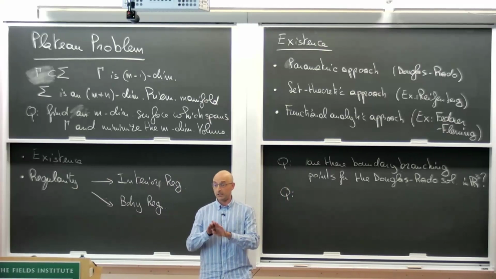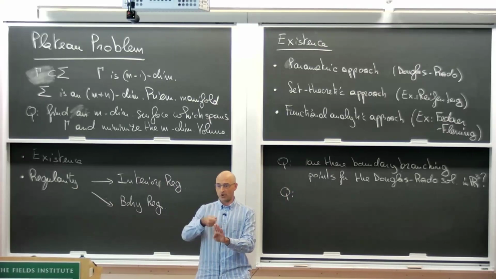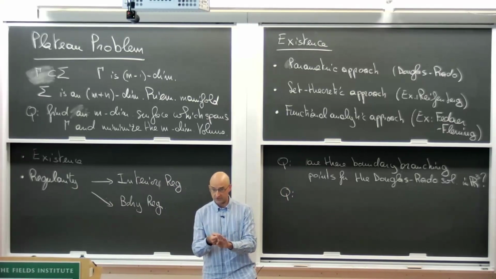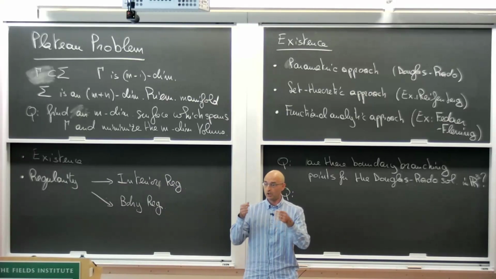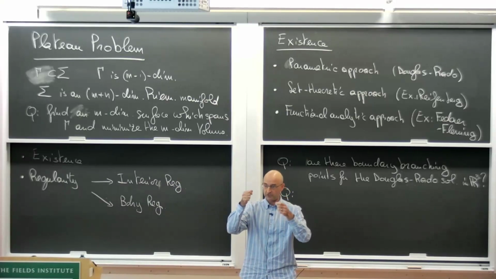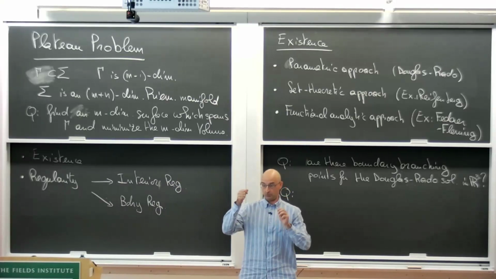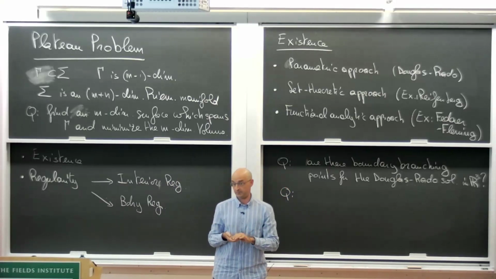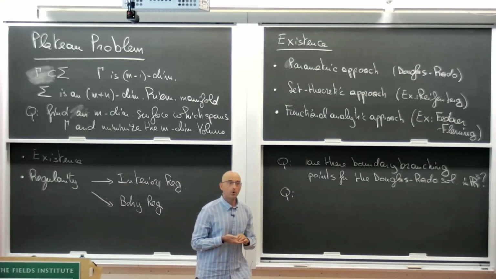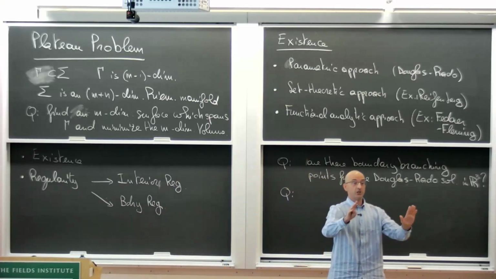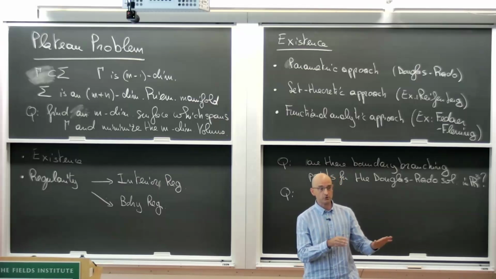Locally, your solution is going to be diffeomorphic either to the union of three half planes which join at 120 degrees, or to the cone constructed over a tetrahedron. So it's completely classified. This is for 2 dimensions in R3.